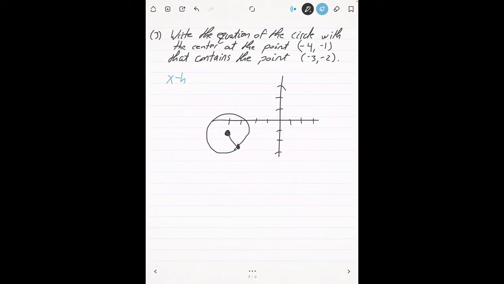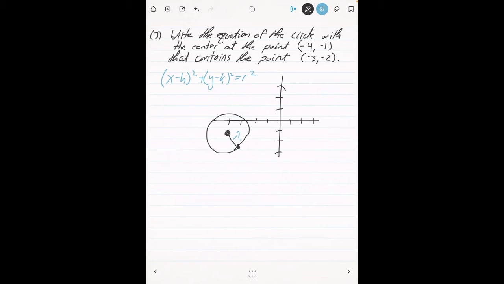So (x - h)² + (y - k)² = r². I know the center, but I also need to know what the radius is. I haven't been told what the distance from the center to this point is. So that's going to be the tricky part.